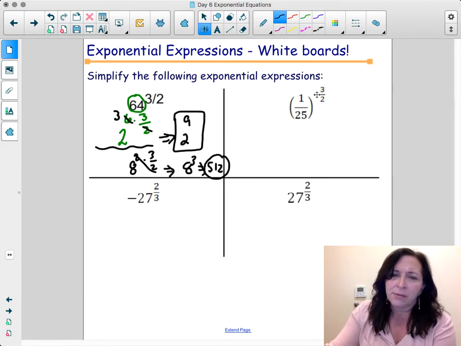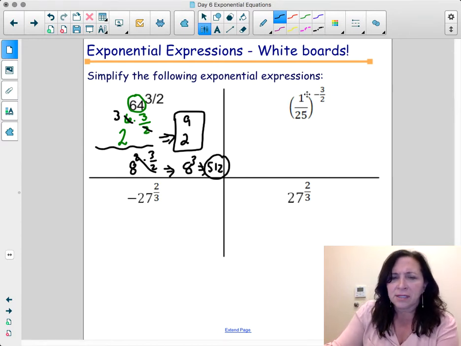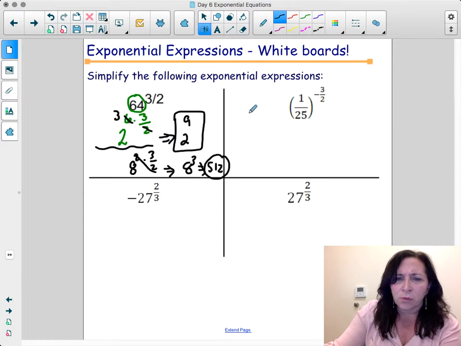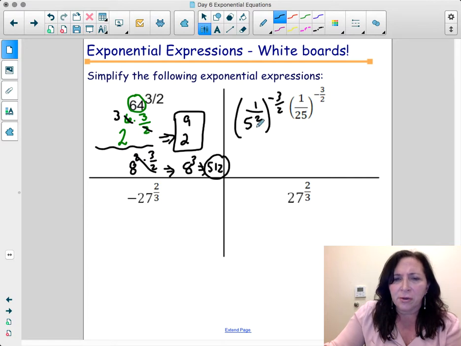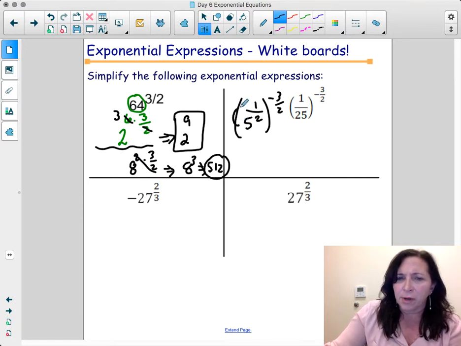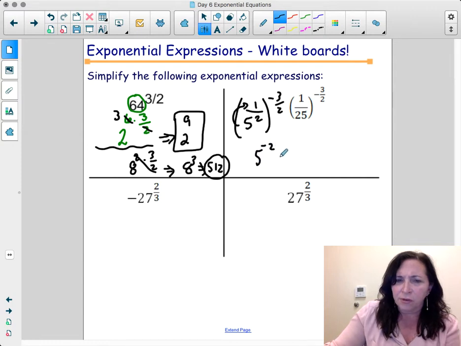Okay, this problem right here, let's make 1 over 25. Let's make that 1 over 5 squared. And that's still to the negative 3/2 power. Okay, what I'm going to do at this point is I'm going to take this 5 squared and bring it up. And in doing so, that becomes 5 to the negative 2 power.